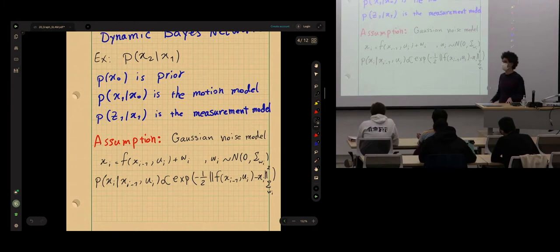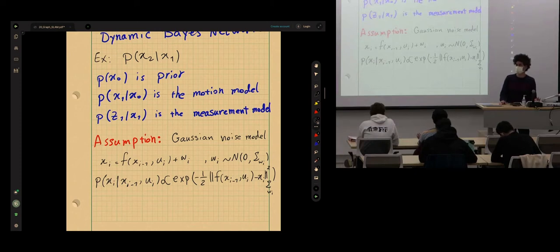In other words, the motion model is distributed according to this multivariate Gaussian because the noise is distributed according to this model. The difference between xi and f of xi minus 1 and ui is the noise. Therefore, that difference, which we expect to be centered around 0 if the model is correctly transitioning our state from time step i minus 1 to i, is described by a zero mean Gaussian distribution weighted by this covariance of the noise.